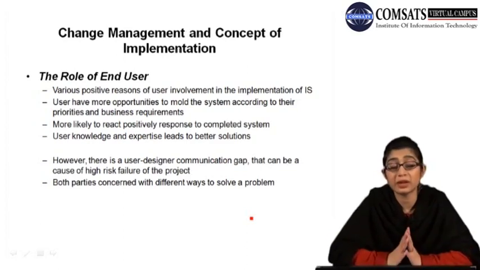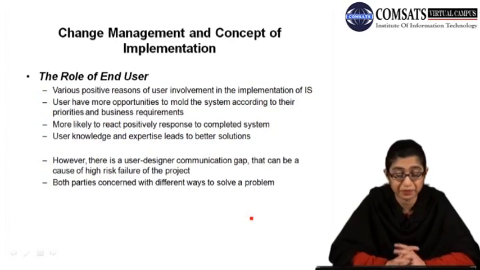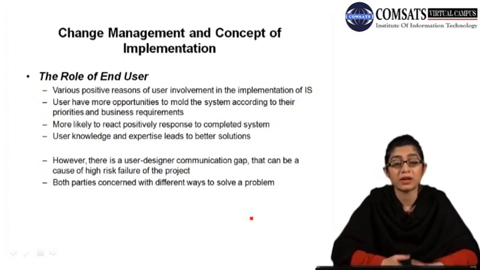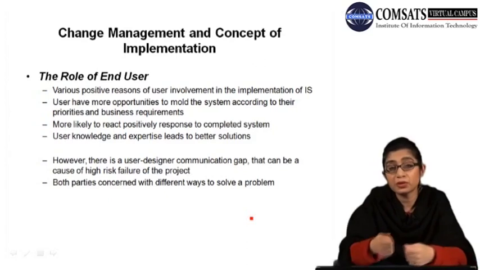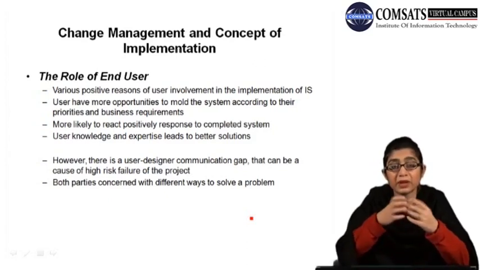And then again, there are various positive reasons of user involvement in the implementation of information systems. Like we said, if the people who are going to use the system are not going to like the system, or they're not ready to accept the system, then again the system is going to fail, or the project is going to fail. If you involve the users that are actually going to use the system, then it brings a lot of benefits.